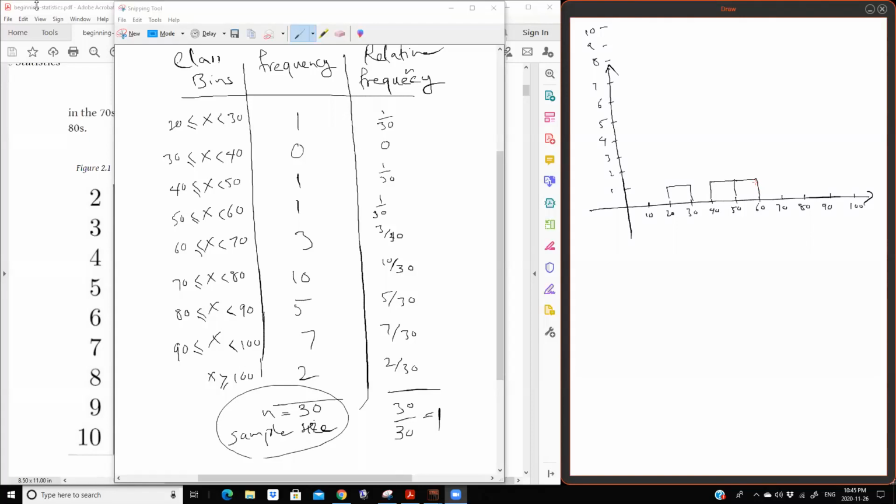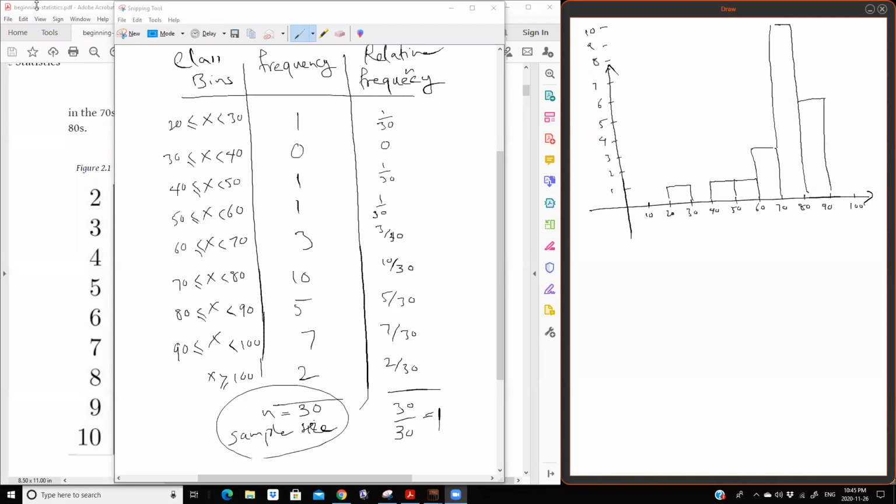Between 60 and 70, I need to go up to here. Between 70 and 80, there are 10, so this is the tallest bar. Between 80 and 90, there are 5, so it's halfway.